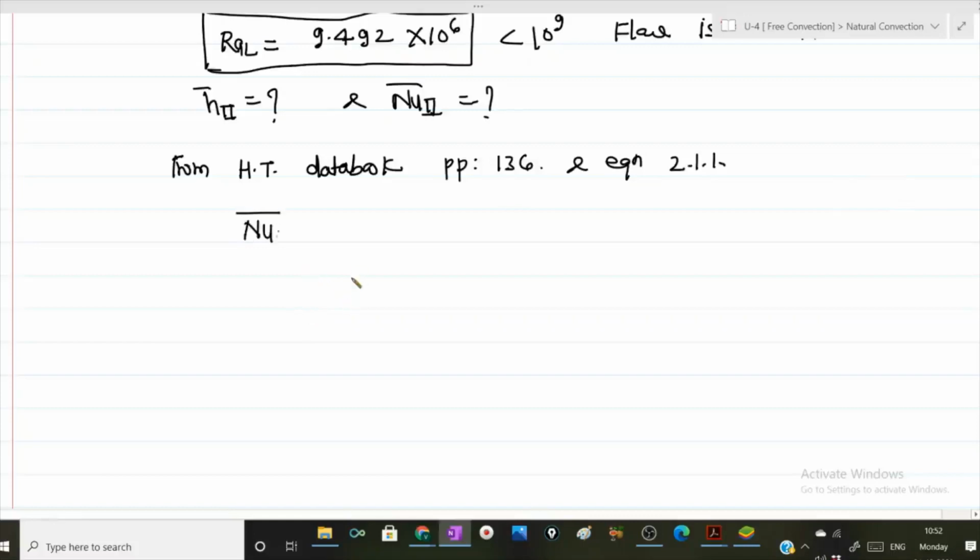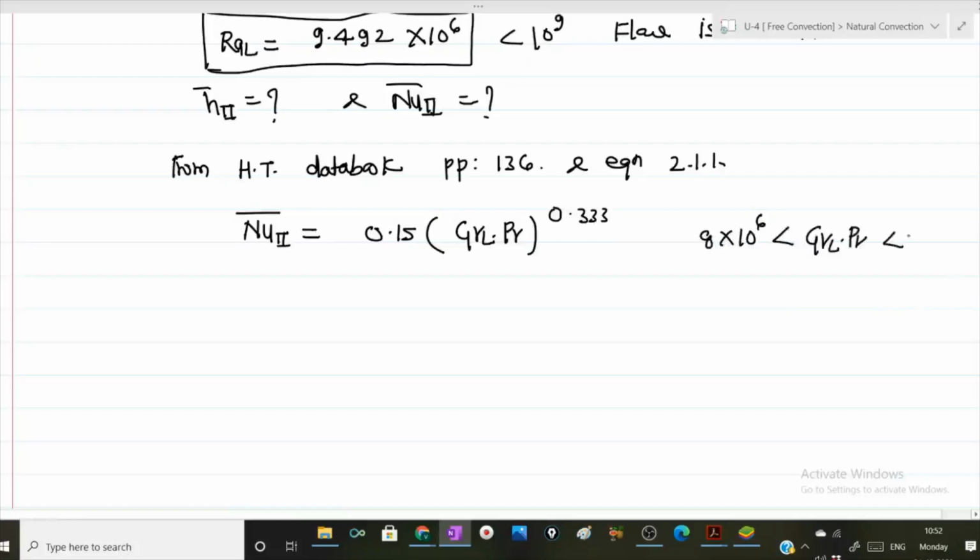Average Nusselt number in second case expression: 0.15 (Gr_L Pr) power 0.33, and this is valid for 8 into 10 to power 6 less than Gr_L Pr less than 10 to power 11.